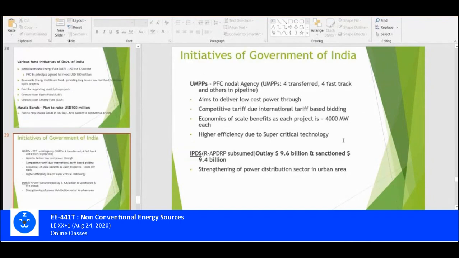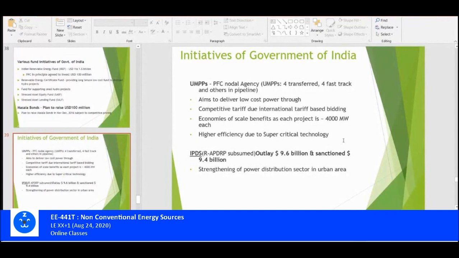Now the nodal agencies have been given the task, which aims to deliver low cost power through competitive tariff during international tariff based bidding, economies of scale benefits as each project is 4,000 megawatt each, higher efficiency due to supercritical technology. So this was about thermal power or fossil based.